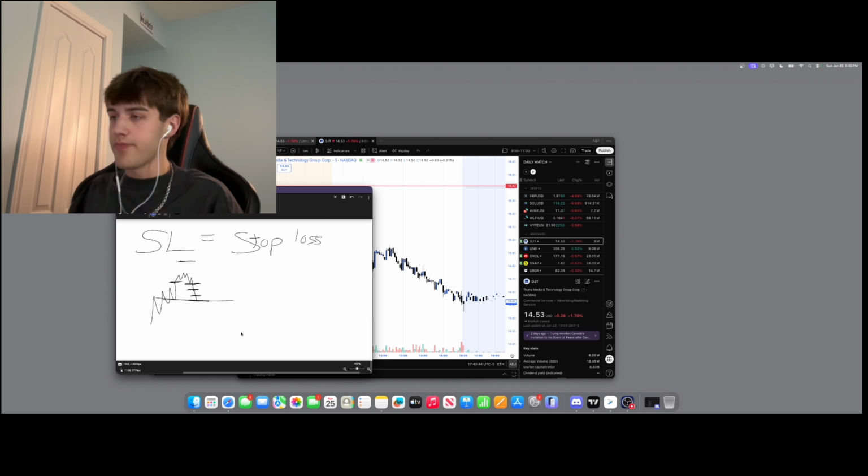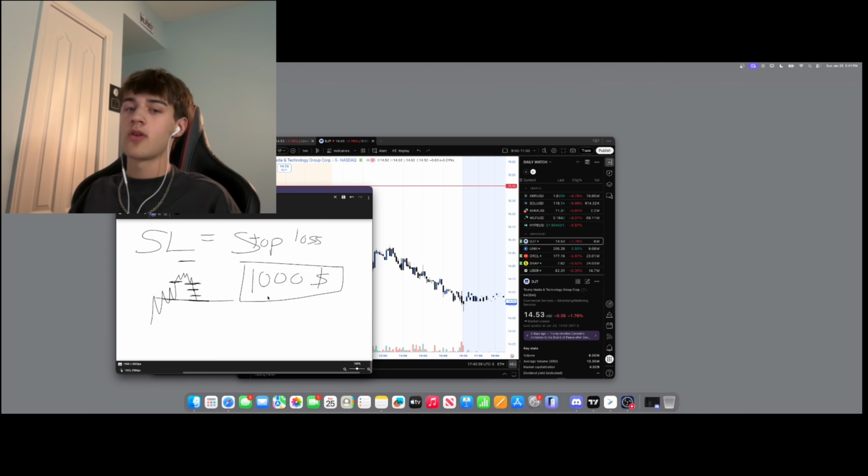Also in options, what I recommend, let's say you have $1,000 in your account. This is your account balance. Let's say you do one trade a day. I recommend that trade is between $50 to $100 maximum, especially when you're trading a lower amount like this.